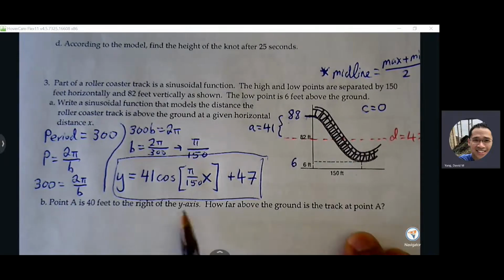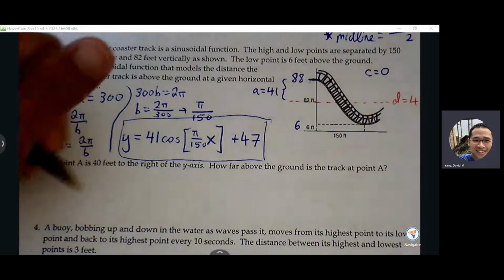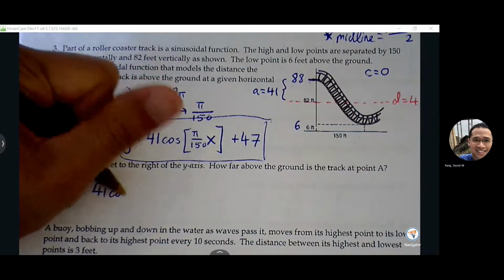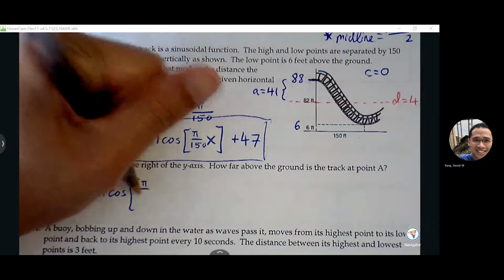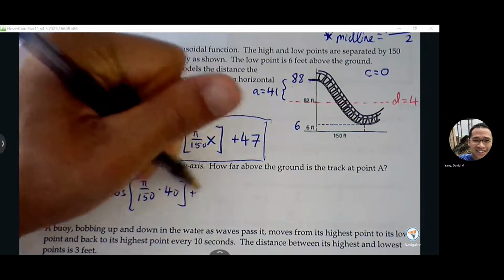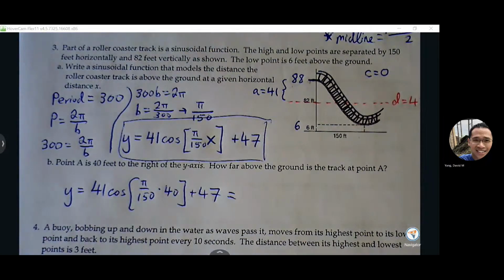So I can just insert 40 in for x, find the height. Again, radian mode because of the pi.